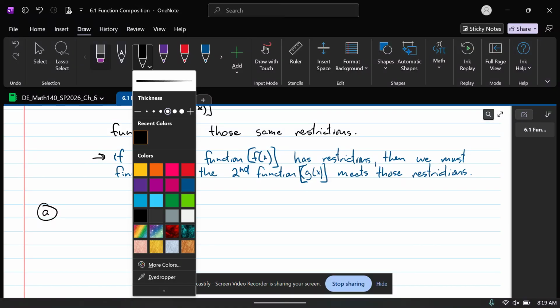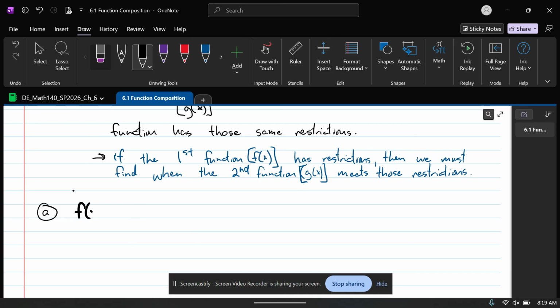All right. So here are our first functions. F of x equals 2x squared minus 3, and g of x is something easy like 4x. We're starting out really easy here.